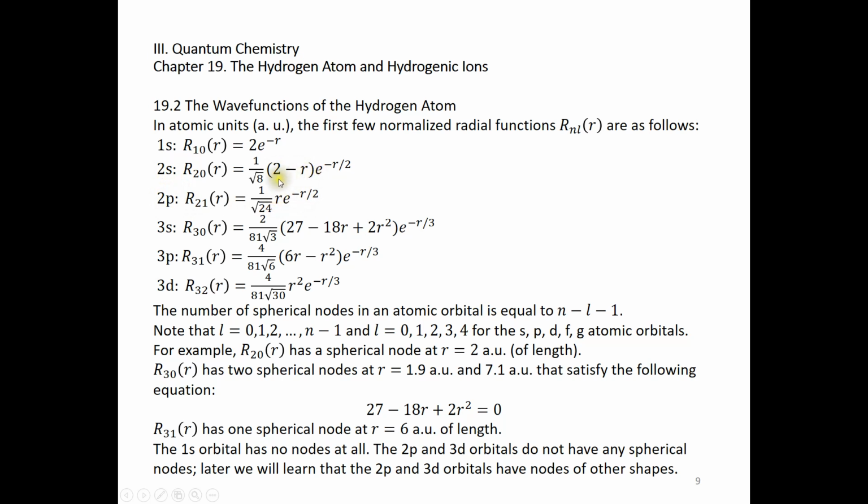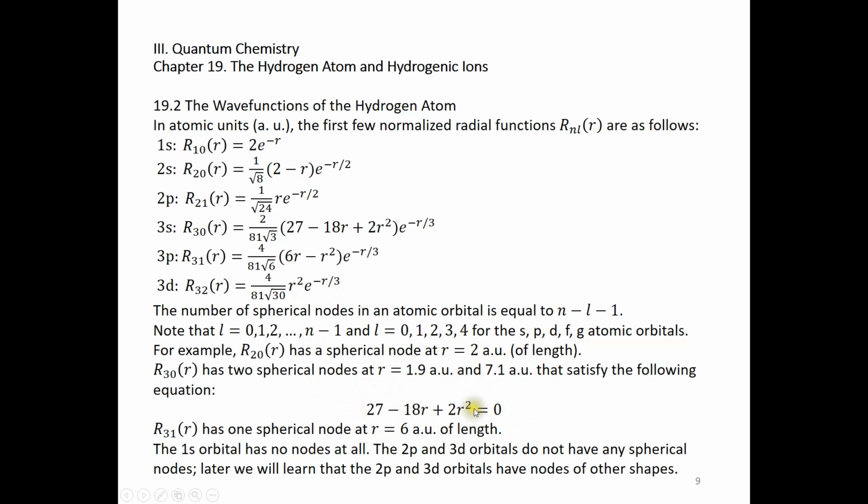Over here, you have a spherical node when r equals 2. Over here, when this second order quadratic function of r is 0, you can find two roots that correspond to the two spherical nodes of the 3s orbital. Here, when r is 6, we have a spherical node. Over here, we do not have any spherical node.